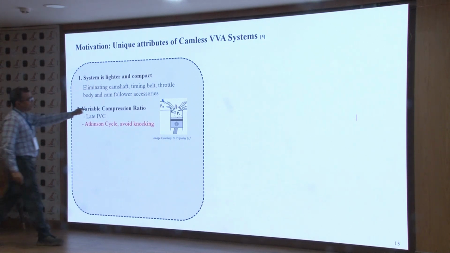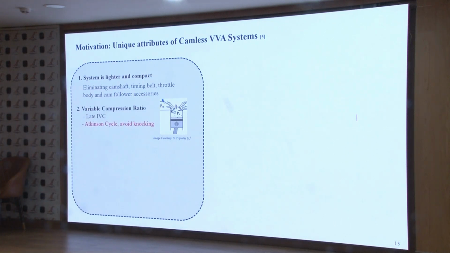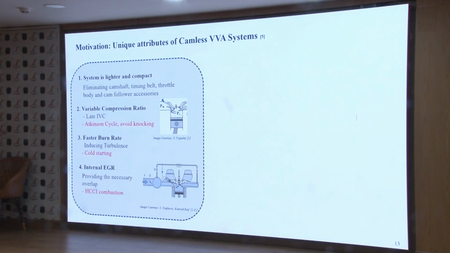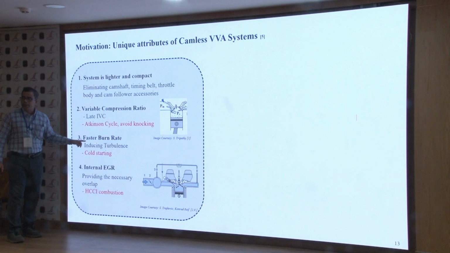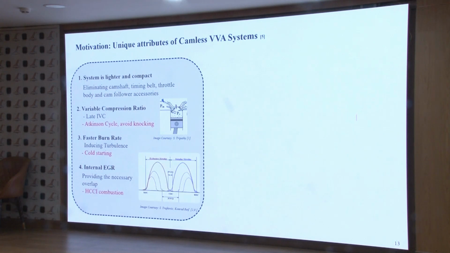Since we have direct control on the valves, we can have a variable compression ratio just by playing with the IVC and EVC. Then we have a fast burning rate, because we can create turbulence even at lower speeds just by lowering the valve lift, because we don't need the full valve lift. If the valve lift is less, you can create turbulence even at lower speeds, and that may enhance combustion also.